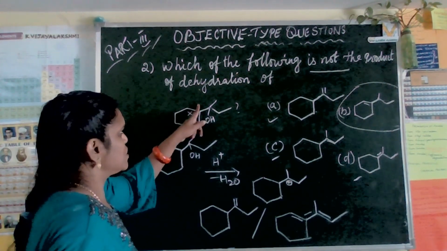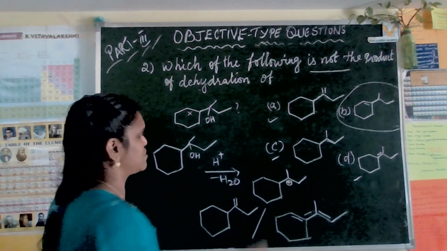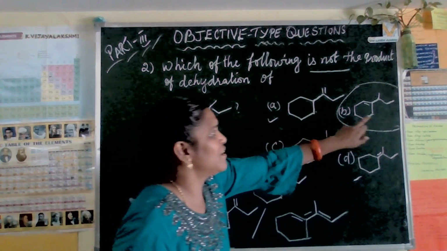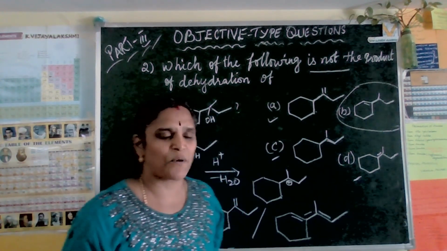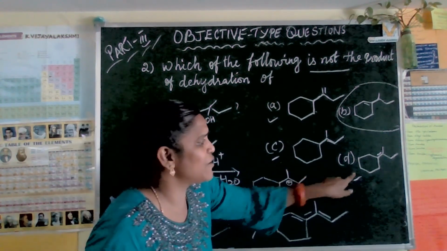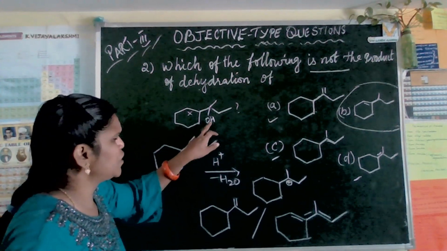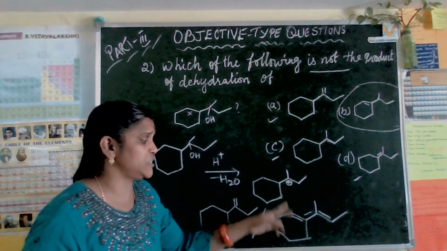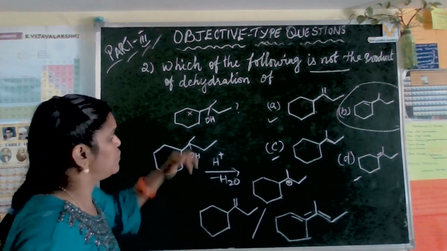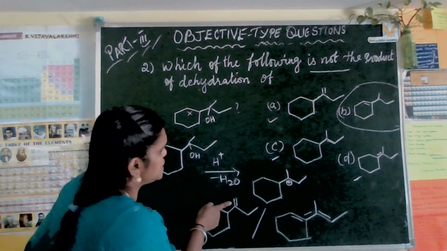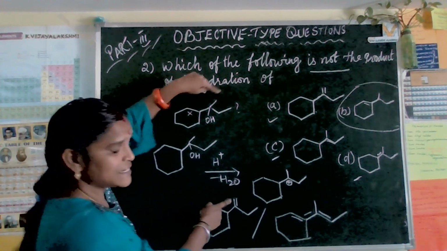When it goes for the dehydration elimination reaction, releasing water, you will not get this kind of product. You may get this kind of product. Why? It takes out that hydrogen, so naturally you get alkene formation. Because here one hydrogen is taken over.